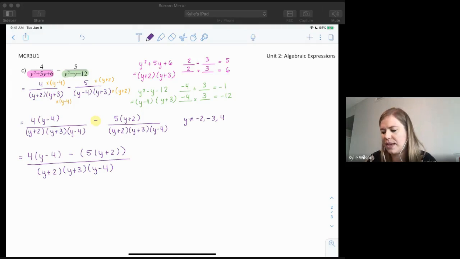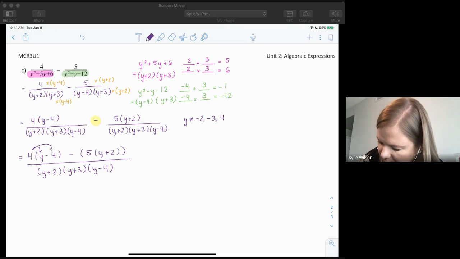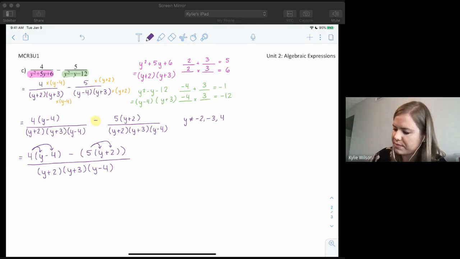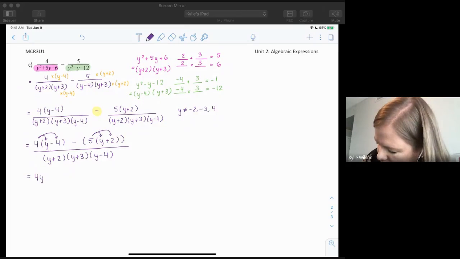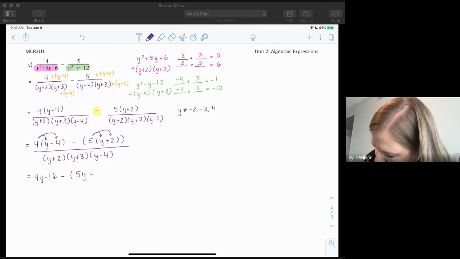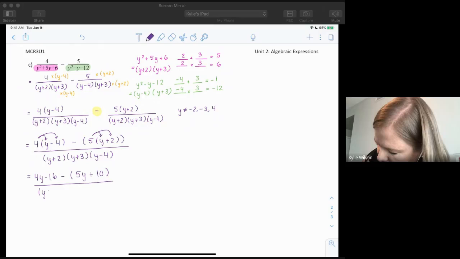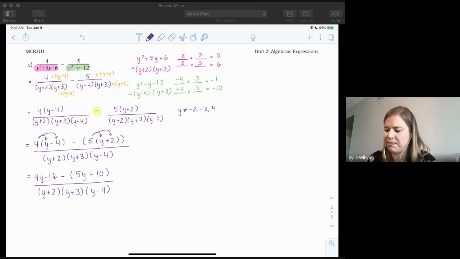Okay, so now we're going to distribute to simplify the top here. So we will have 4y minus 16 minus 5y plus 10 all over y plus 2, y plus 3, y minus 4, like this.